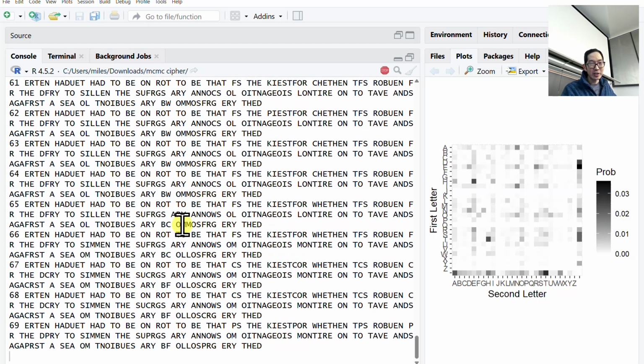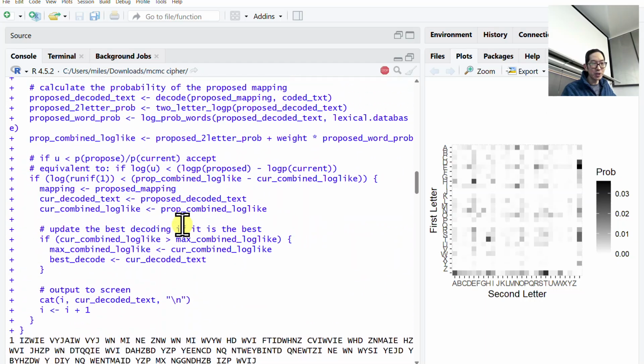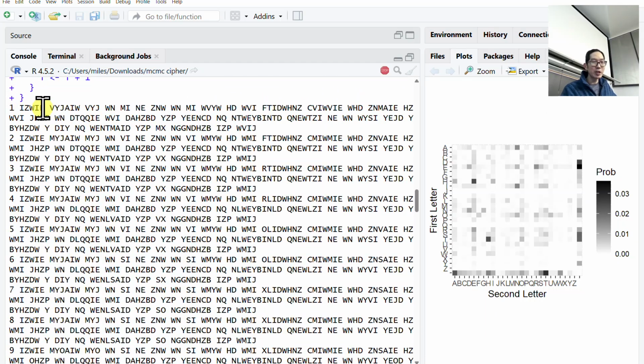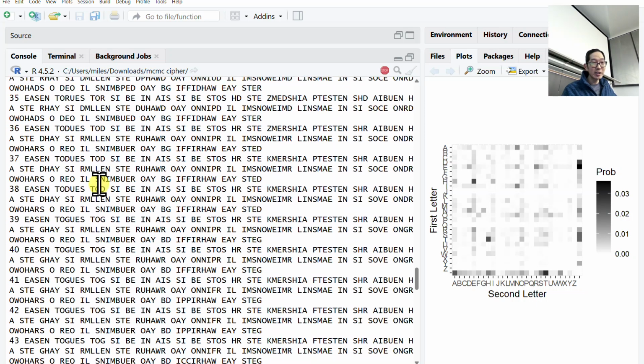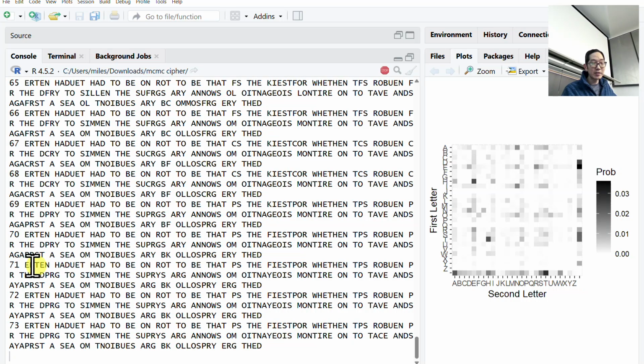So again, we started off with total gibberish like IZWIE, VYJAIN. And then after around 70 of these things, we have ERTEN, HADUET, and then now we have had to be on rot to be that, okay?